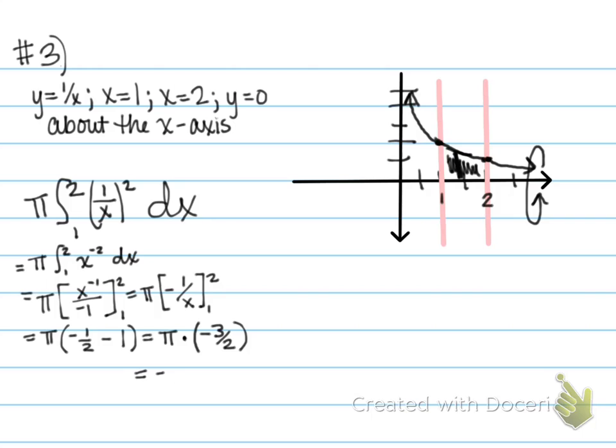If you caught me, I missed a negative back here. Negative 1/2 minus negative 1. Because when you plug the 1 in, you get negative 1 over x. There's the negative that I missed. So minus negative 1 would give us negative 1/2 plus 1, or positive 1/2. So our answer is pi over 2. That's the volume of the solid.